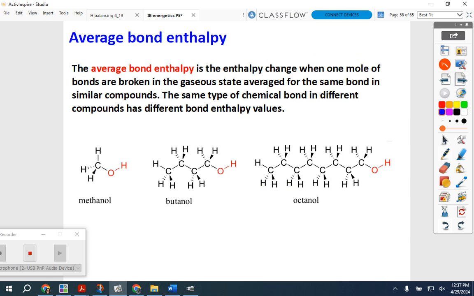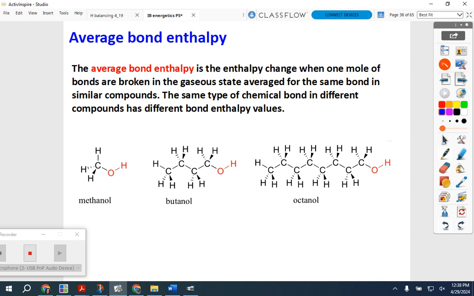Okay, and then the last thing that we can use to calculate theoretically an enthalpy of a reaction that we cannot measure empirically is we can use bond enthalpies. Bond enthalpies are the energy contained in a bond, that is, how much energy it would take to break that bond.